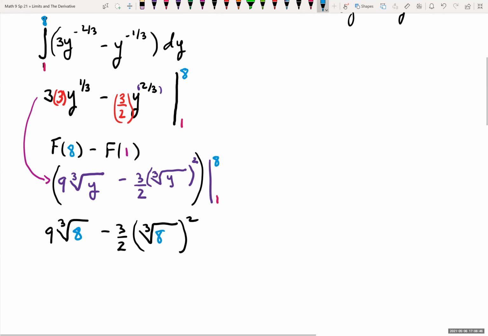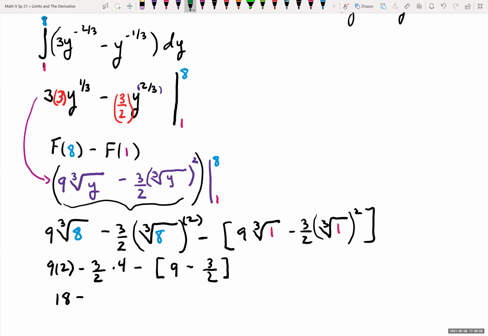So we have 18 minus, I notice I can clean this up a little bit, get rid of my denominator. 2 goes into 4 twice. So minus 3 times 2, which is 6. Minus, let's distribute this negative. So minus 9, and then a plus 3/2.